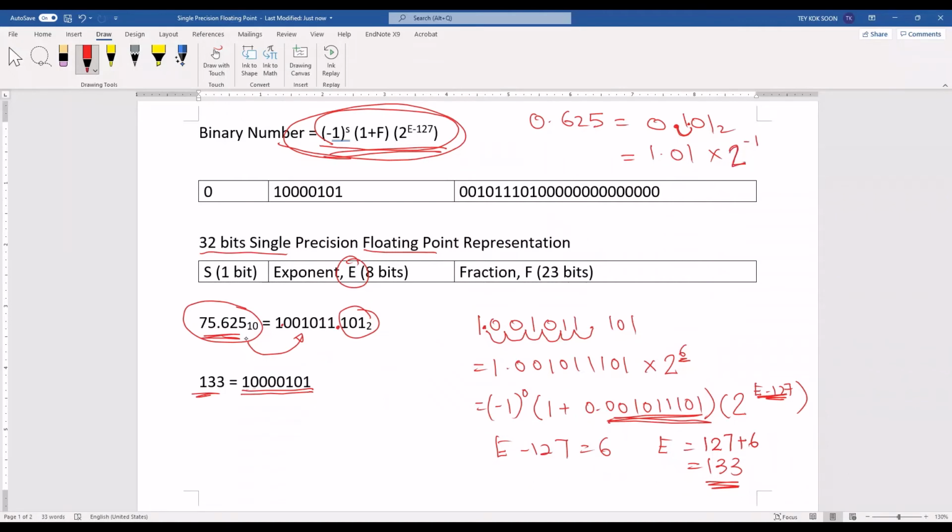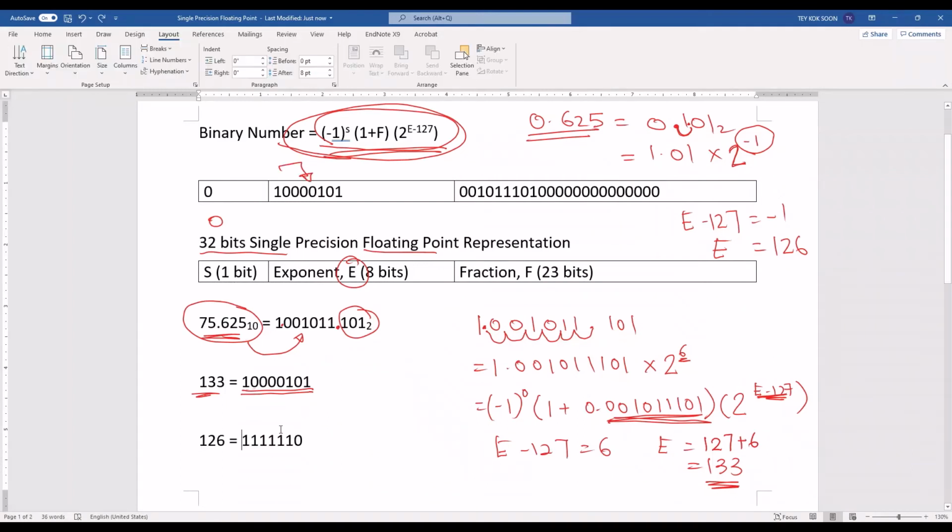So it's the same. This is a positive number, so your sign should be 0. Then the exponent: e minus 127 equals -1 here. So now e equals 126. Just convert 126 and put it into the exponent area here.